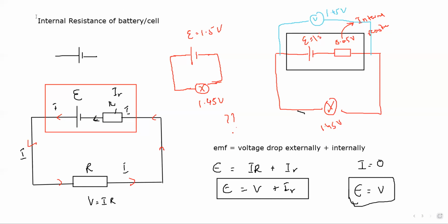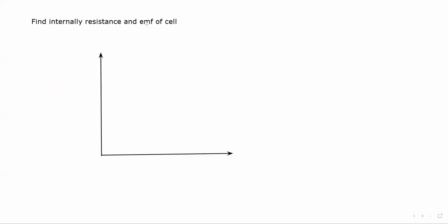So graphically, how can we find the internal resistance and EMF? If you want to find the internal resistance and EMF of the cell, we will sketch a graph with current on the x-axis and voltage on the y-axis.